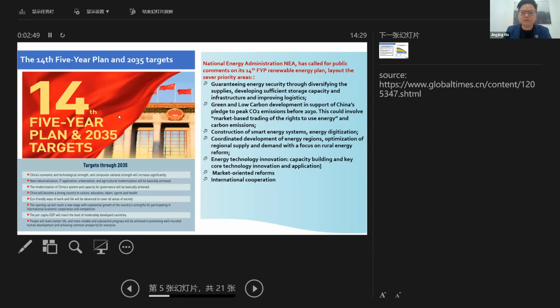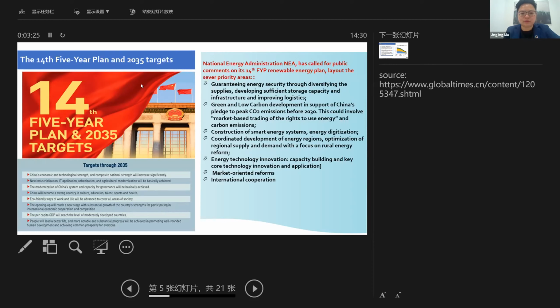And for the latest release, the 14th five-year plan for China and also the 2035 national target, we can see that the National Energy Ministry has called for public comments on the 14th five-year plan for renewable energy, laying out 7 priorities such as guaranteeing energy security, and also the emphasis on green and low carbon development, which supports the Chinese pledge to peak CO2 emissions before 2030.